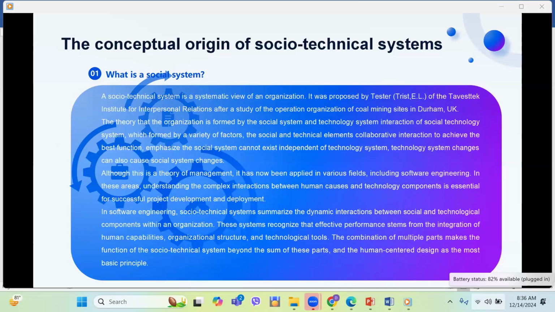The combination of multiple parts makes the function of the sociotechnical system go beyond the sum of these parts, with human-centered design as the most basic principle.